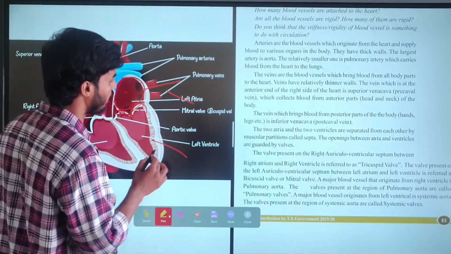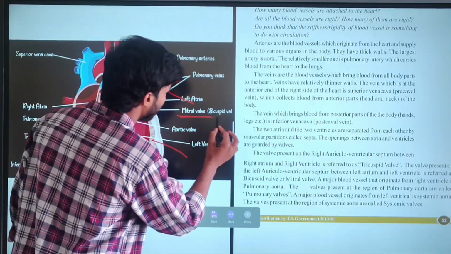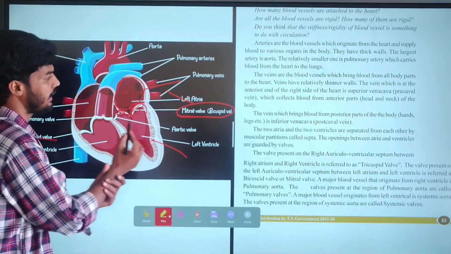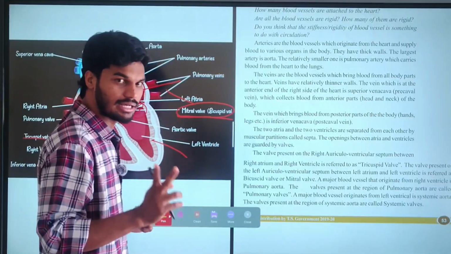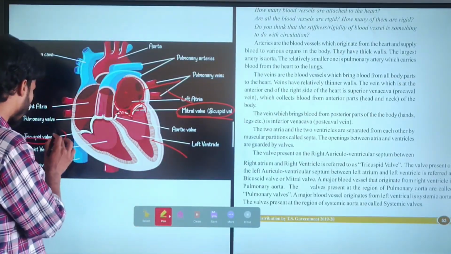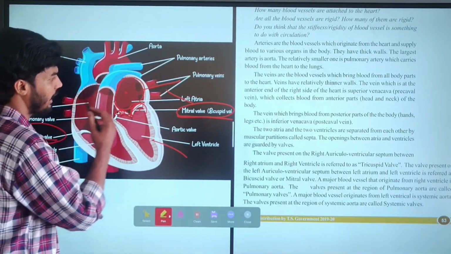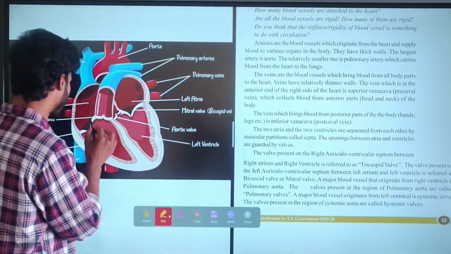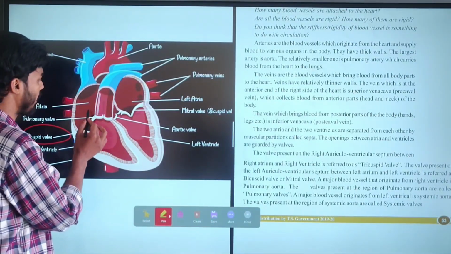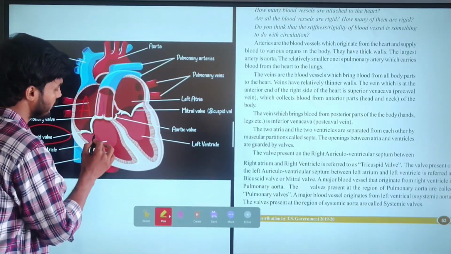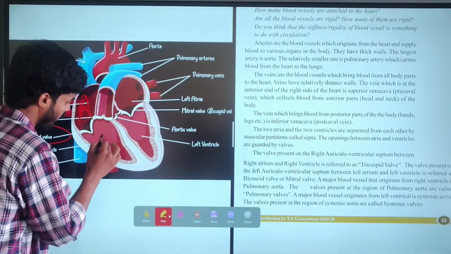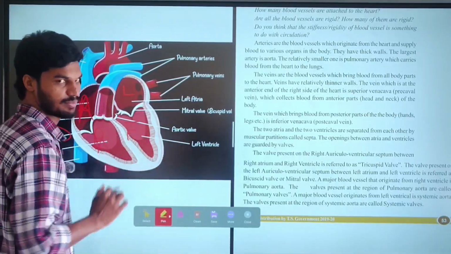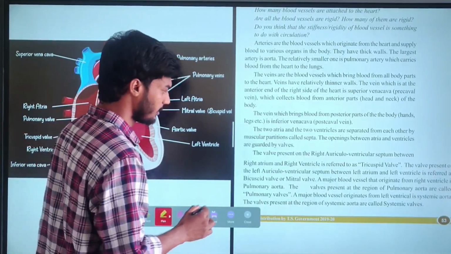These valves we call the mitral or bicuspid valve. Simply, on the right side we call it tricuspid. On the left side we call it bicuspid. The right side is the tricuspid valve and the left side is the bicuspid valve. Right side, tricuspid. Left side, bicuspid. Simple. Clear? Next, what is given?